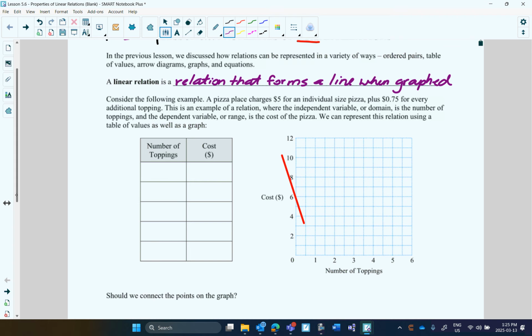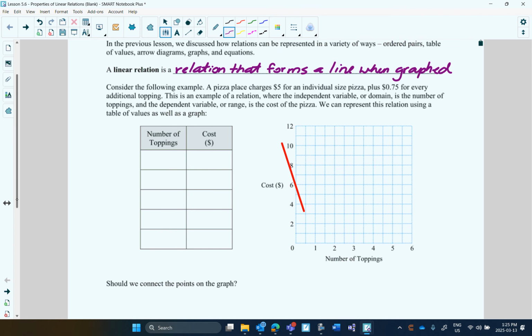And we'll keep the numbers pretty simple. A pizza place charges $5 for an individual sized pizza plus 75 cents for every additional topping. So this is an example of a relation because it's a relation between the cost of the pizza and the number of toppings. The independent variable is the number of toppings.